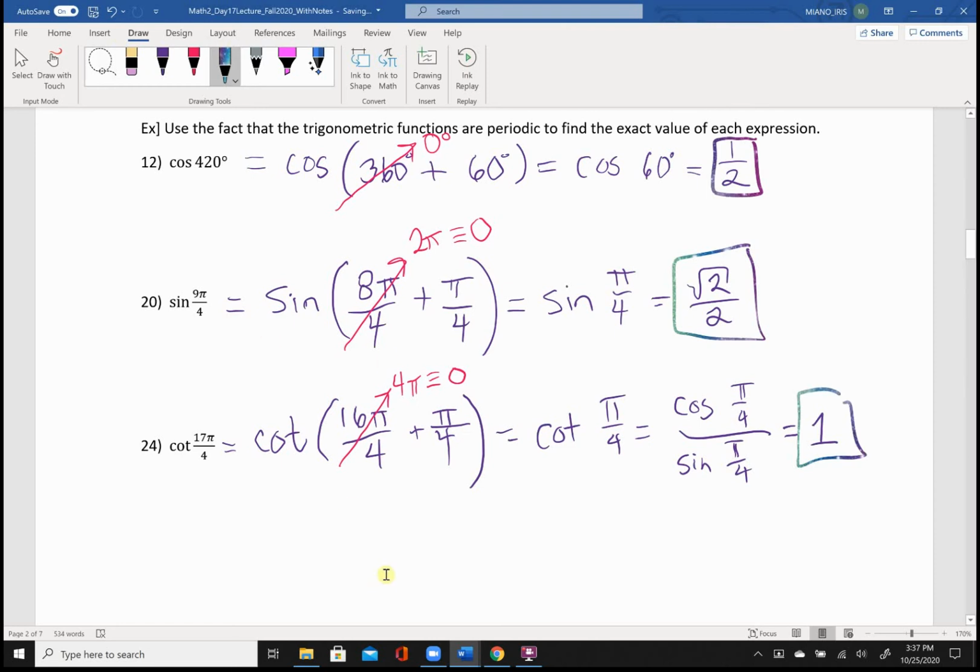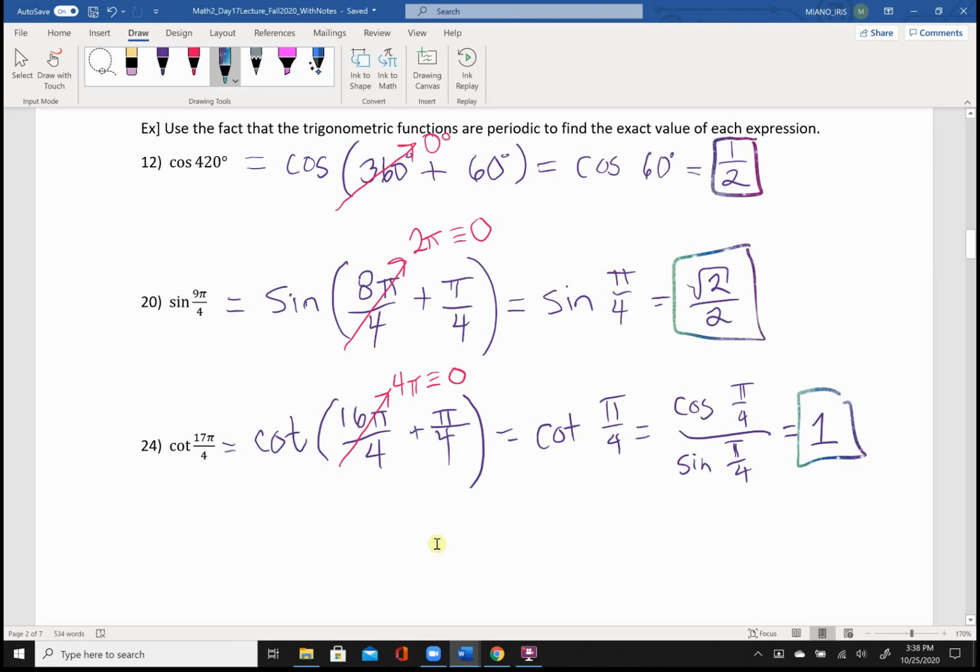So that's how I would deal with those first three examples, where again, we are using the fact that these trigonometric functions are periodic in order to simplify these things. You need to, provided that you are given angle measurements that are not just straight up on your unit circle, which is the case here, we go a little bit beyond a full rotation, or in some cases quite a bit, like several more rotations out. I'm talking about number 24, according to its period.